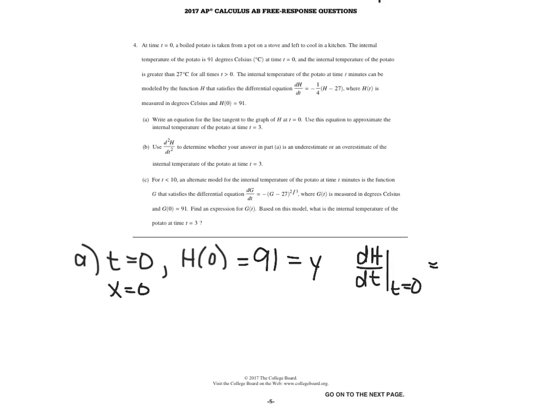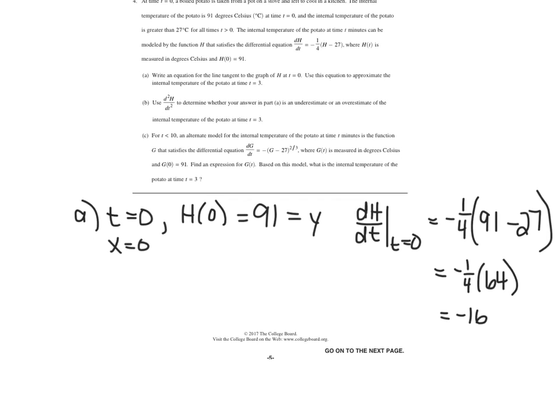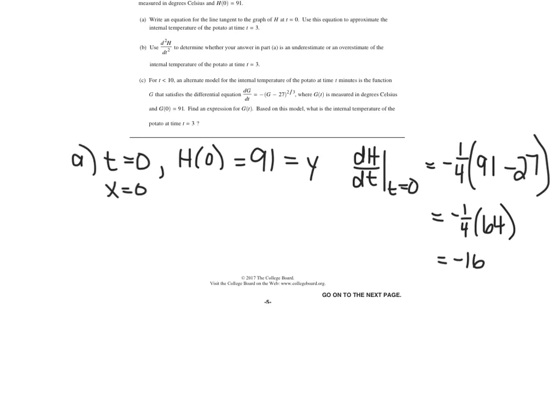So that would be negative 1/4 (h minus 27). Now, the h value is given by h when t equals 0, so that's 91. So that gives us negative a quarter of 64, which is negative 16. So that is my derivative when t equals 0.